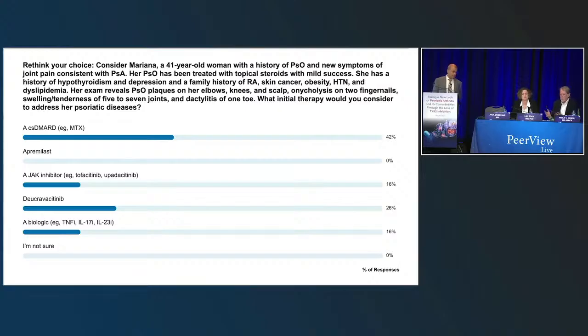But notice that the ACR guidelines, which are older now and are going to be updated, recommend that you start a TNF inhibitor before methotrexate. Yeah. And so I think this is an interesting debate.